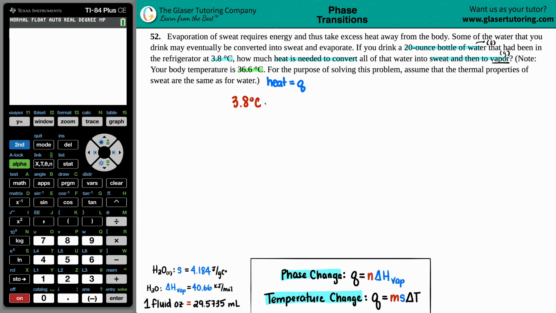Now, it's got to climb. It's going in the body, so it's going to get as hot as body temperature, which they said over here was 36.6 degrees Celsius. And at that point, the 36.6 degrees Celsius, it's going to start turning into sweat. So we'll put sweat here.